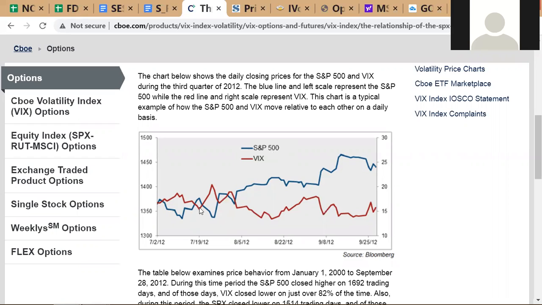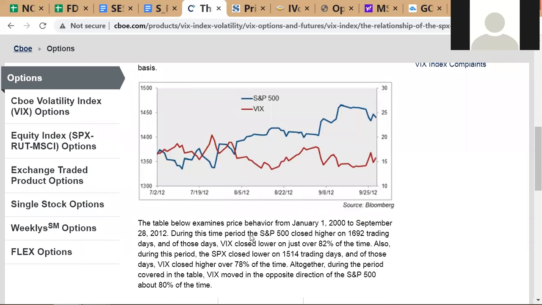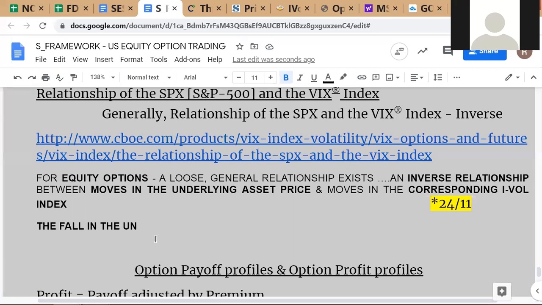So you can see here, as the S&P 500 starts to fall, the VIX starts to rise, which is the same thing that you saw in the case of Microsoft. So what is the reason behind this? Okay, so I don't think they've given this here, so I'll write it for you and I'll explain it. But the reason is based on hedging behavior, okay? So the explanation lies in hedging behavior.